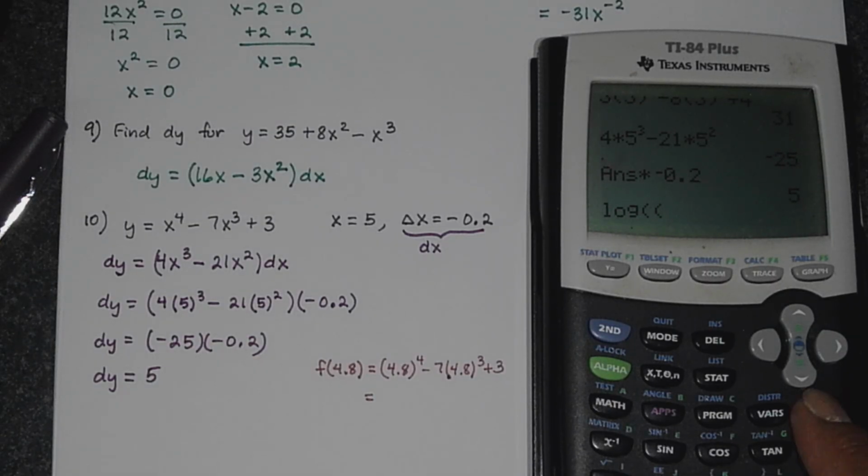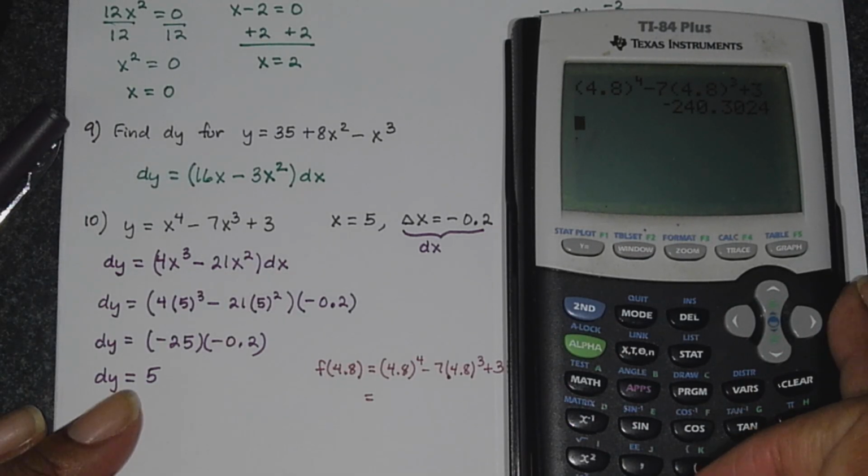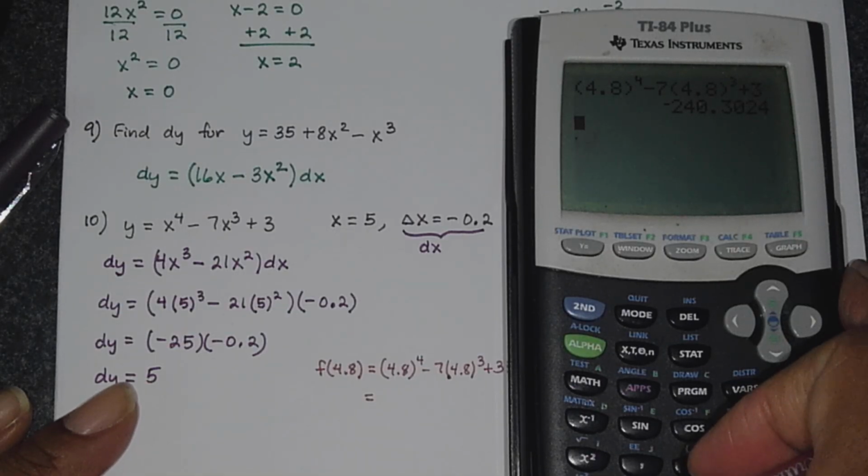So I'm going to clear this out, 4.8, close parentheses, and to the 4th would be the hat key, and then the 4, minus 7, left parentheses, 4.8, close parentheses, press the hat key, and then that's cubed, right arrow to get out of that, and then plus 3. So this is what f of 4.8 would be: negative 240.3024.